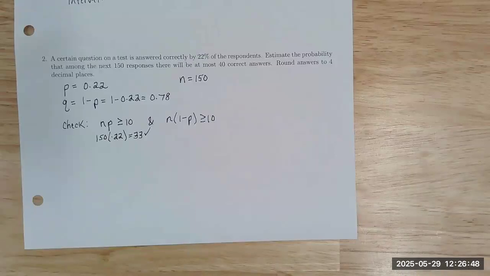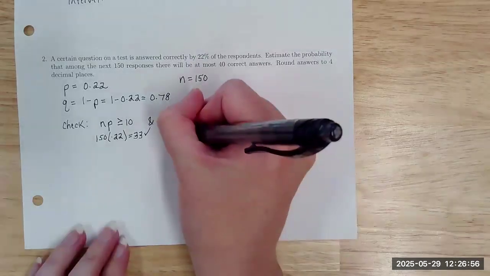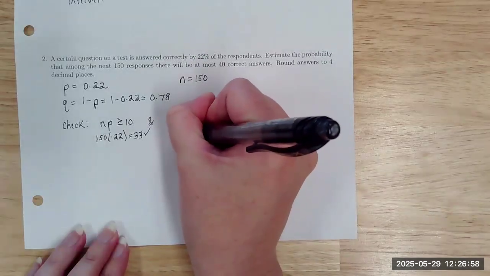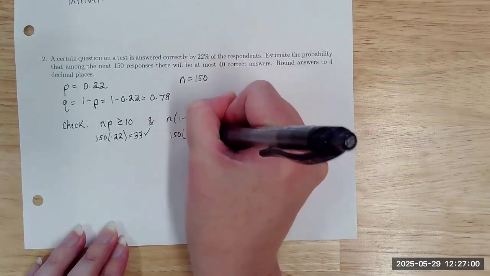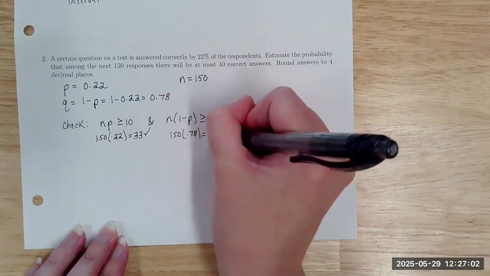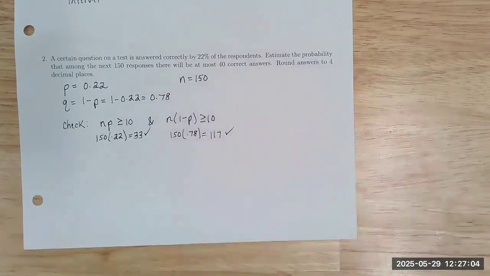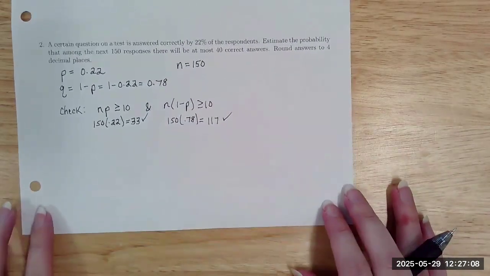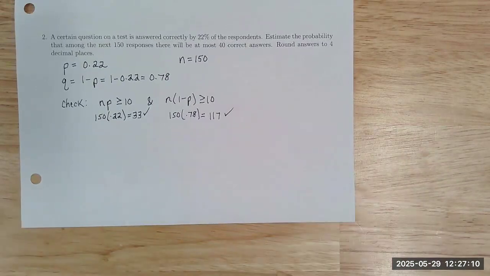And then n times 1 minus p is 150 times our q value, which is 0.78. I just need that one to be bigger than 10 as well. This comes out to be 117. So we met the conditions to be able to use our binomial approximation to the normal.